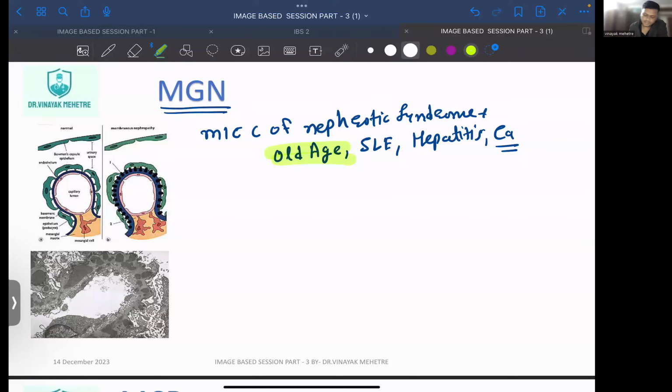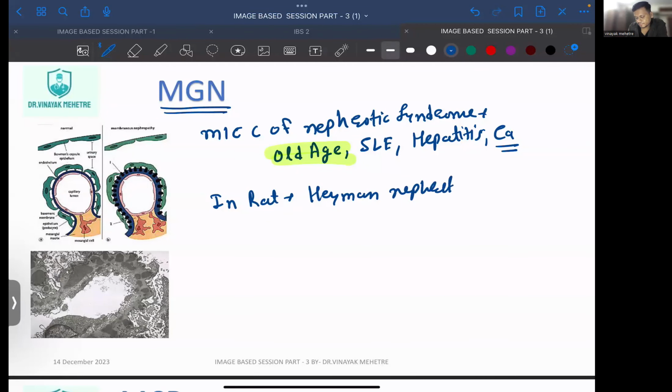Okay. In mouse or rat, what do we call MGN? A physiology question. Heymann nephritis. This we will call Heymann nephritis. Now whenever you get a question on MGN or any kind of nephrotic syndrome, they are going to write down two things: one is electron microscope and the other is light microscope.